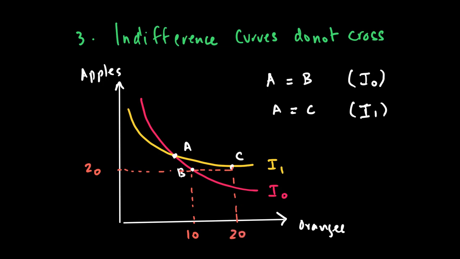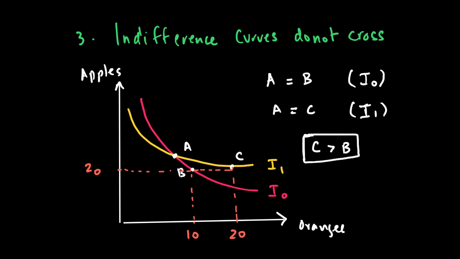Then clearly combination C is preferred over combination B, because for the same 20 I'm getting more oranges versus fewer. So by looking at the diagram, if more is better, then C is greater than B.